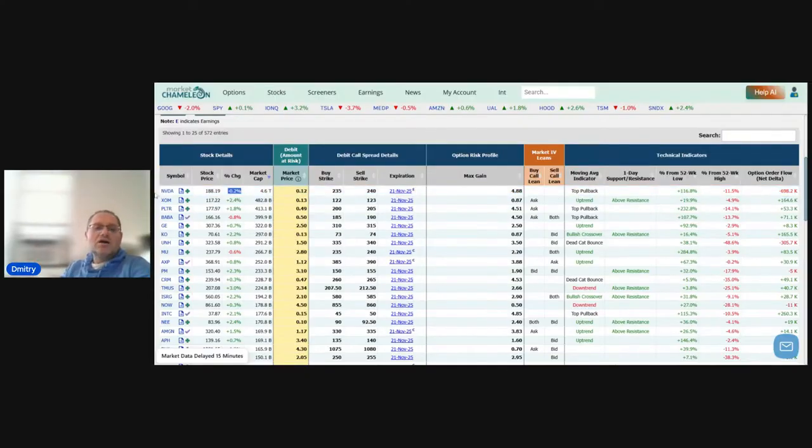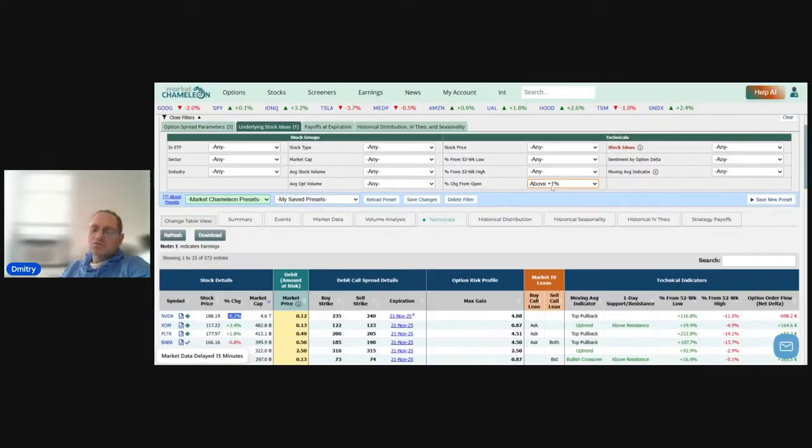And you could see here now we have NVIDIA, XOM. So now we narrowed down the candidates based on what call spread looked attractive based on those historical prices, and the stock itself showed strength from that open.